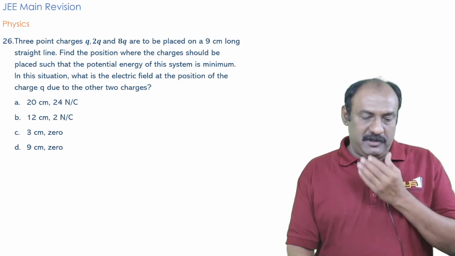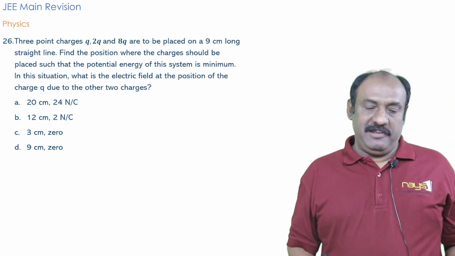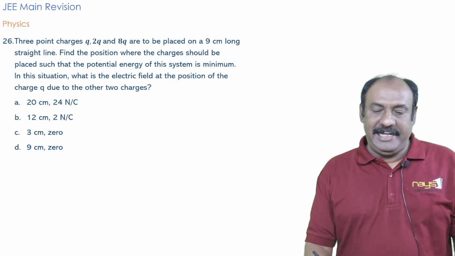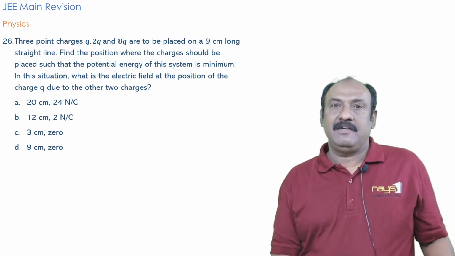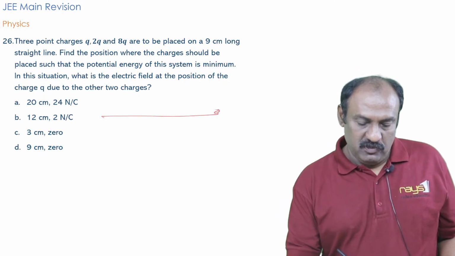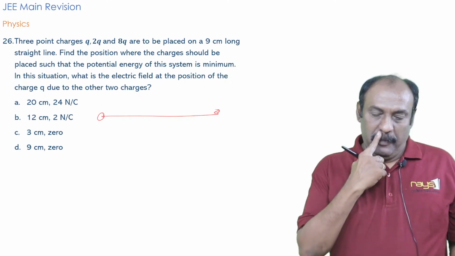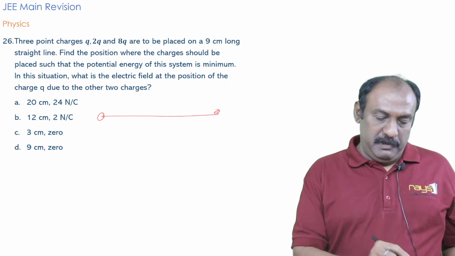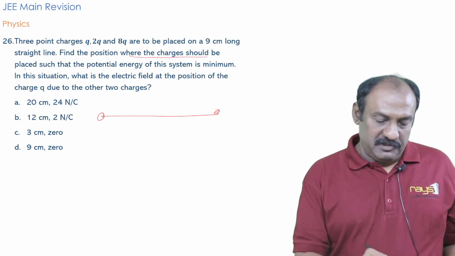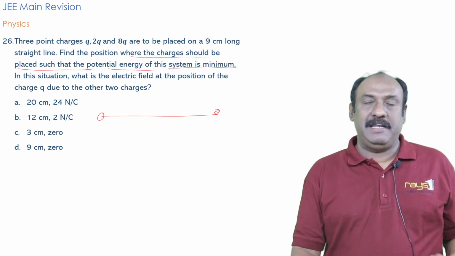For question number 26, three point charges Q, 2Q and 8Q are to be placed on a 9 centimeter long straight line. Find the position where the charges should be placed such that the potential energy of this system is minimum.